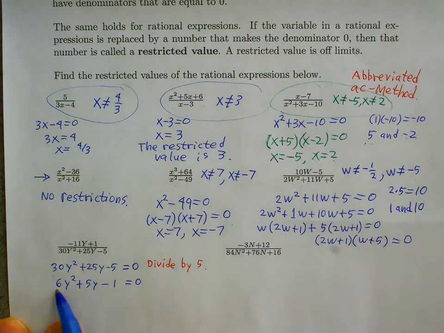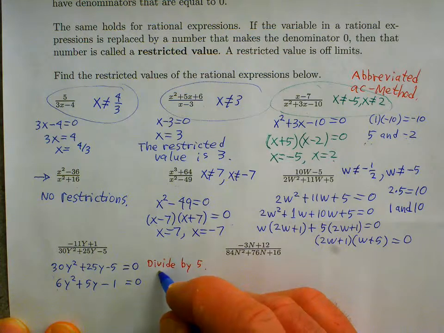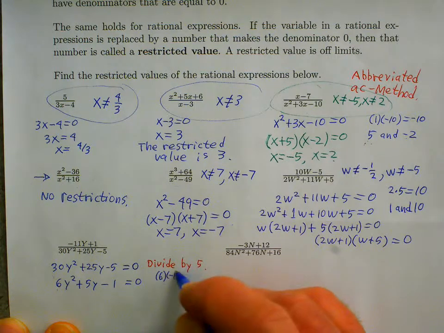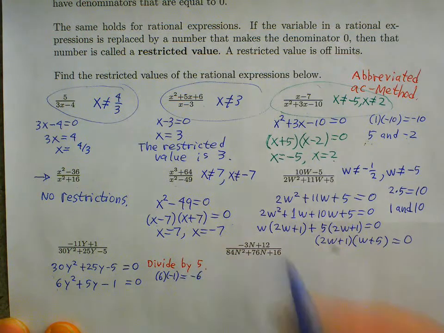So the AC method, 6 times negative 1 equals negative 6. Two integers that have a product of negative 6 and a sum of 5 are these two integers that we already used, 6 and negative 1.